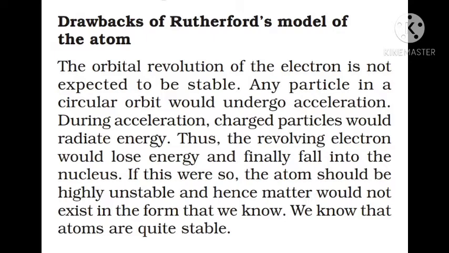Thus, the revolving electron would lose energy and finally fall into the nucleus. If this is the case, the atom should be highly unstable and hence matter would not exist in the form that we know. We know that atoms are quite stable.